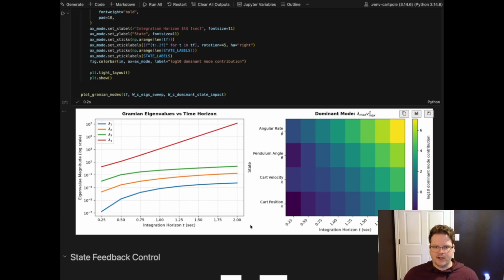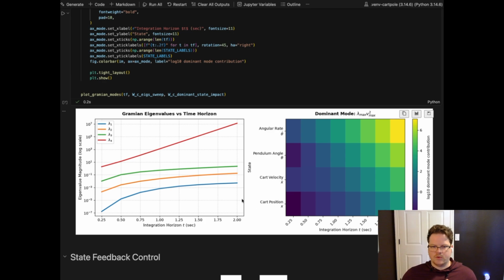And so with its associated eigenvector, we can essentially get analysis on which states of this ellipsoid are harder to control versus easier to control. And so we can easily see angular rate is going to be the most sensitive, but it's also the easiest control with respect to the amount of energy it requires to move the cart to actually move that pendulum, right?